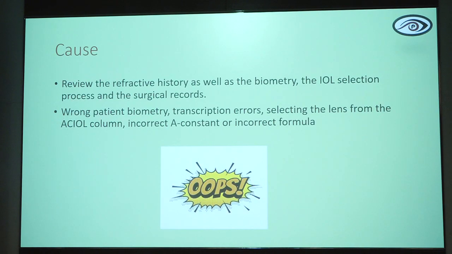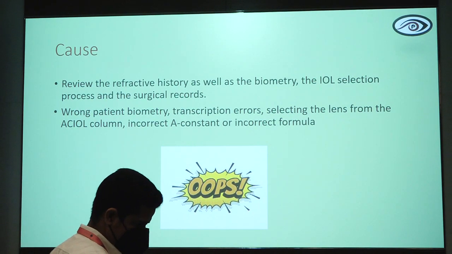Review the refractive history as well as the biometry; take out the whole case sheet, the IOL selection process, and surgical records. Once again, the major cause, if you ask me, is wrong patient biometry and wrong A constant. I had a personal experience. Same hydrophobic lens, same material, same design.